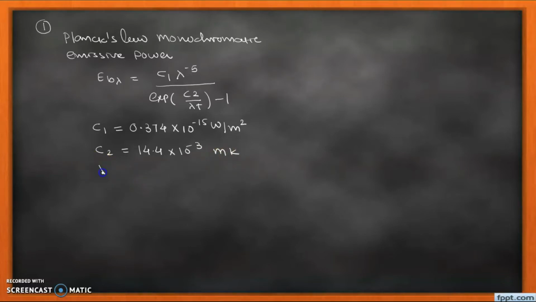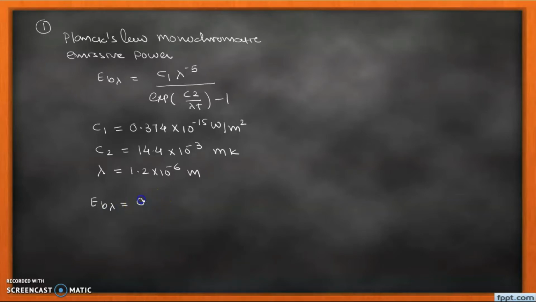And lambda for the calculation of monochromatic emissive power is given, that is 1.2 micrometer, so it becomes 1.2 into 10 to the power minus 6 meter. Now students, we put these values in our equation of monochromatic emissive power.